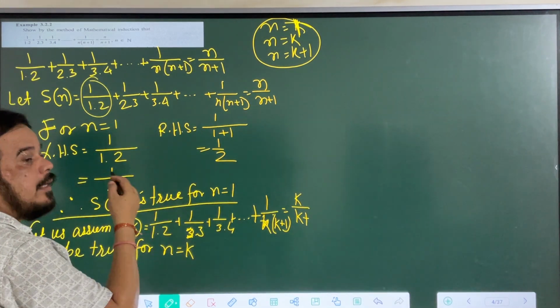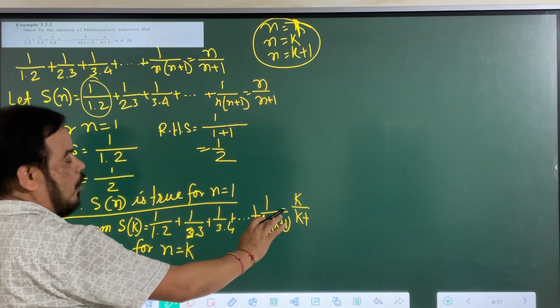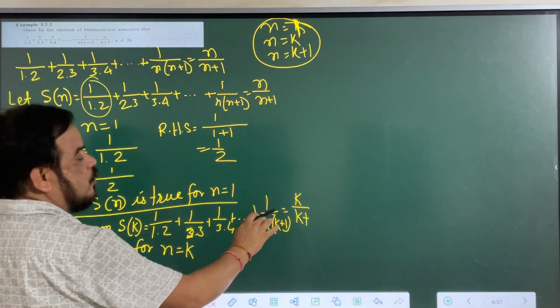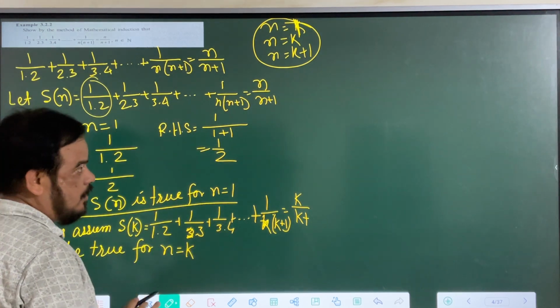We will go to Sk plus 1 now. Sk we have got; Sk means this equals this. Only in place of n you have to write k, nothing else.